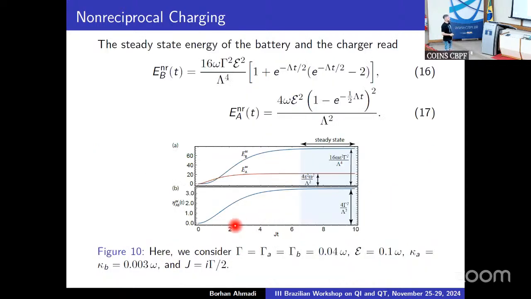As a result, we see that the energy of the battery under the non-reciprocal condition grows to some steady state. The energy of the battery is much bigger than that of the charger. And the efficiency of the charging process in steady state becomes 4 gamma 2 over lambda 2.